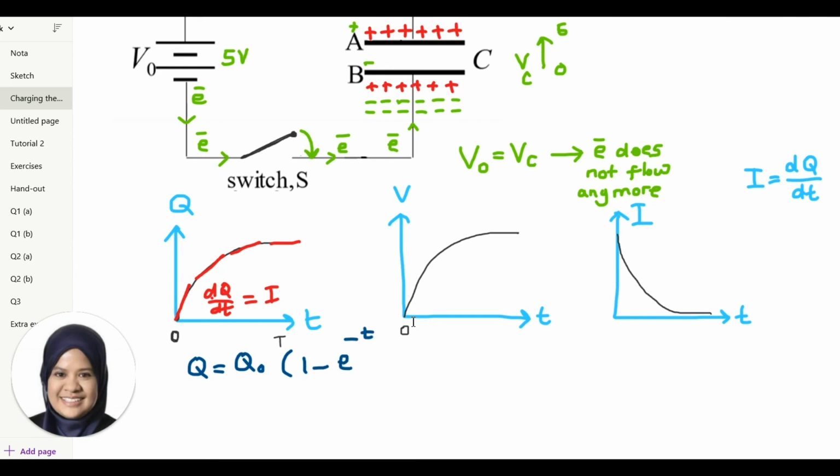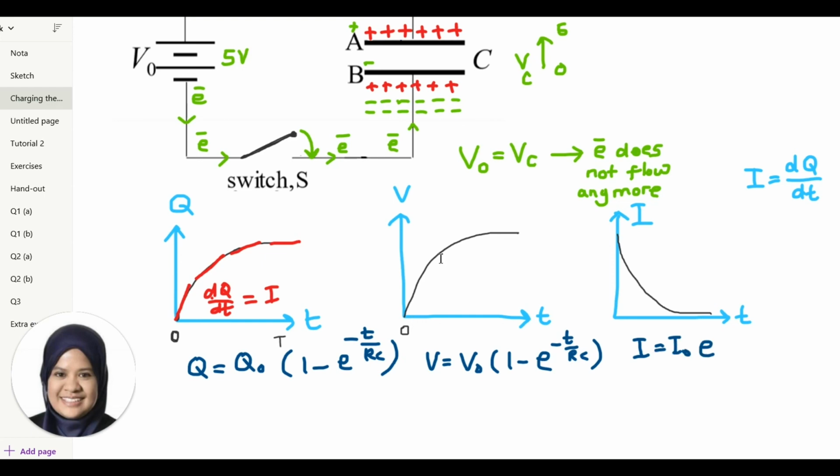Okay, dan saya ada V, sama dia punya nilai dia, so sama graf dia, expression of the graph pun sama. Okay, macam mana pula dengan I, graf dia adalah berbentuk dia decrease exponentially kan, so I sama dengan I naught exponent negative T over RC.